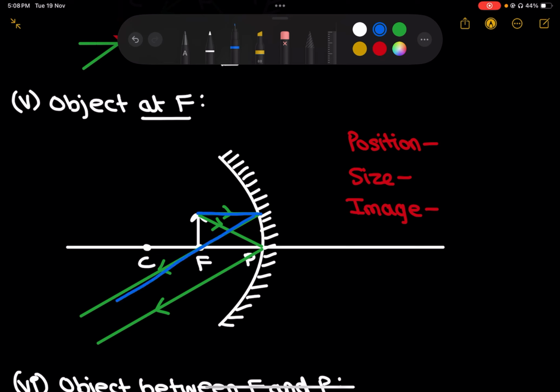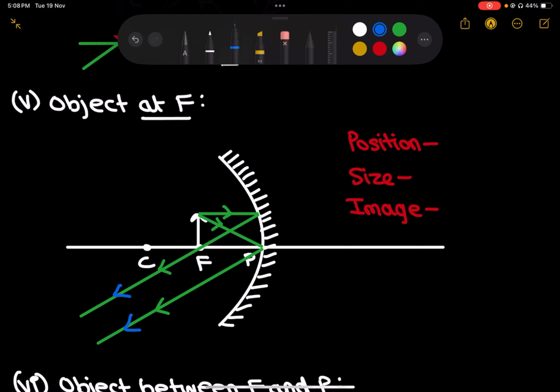The second ray is directed towards the pole, so incident angle and reflected angle are equal, and it will pass like this. Now if you notice in this case, the two reflected rays are parallel to each other. Now what is the meaning of parallel? It means that they will never meet.